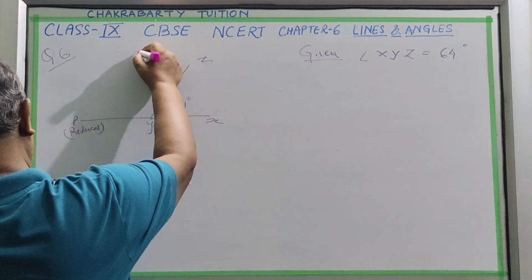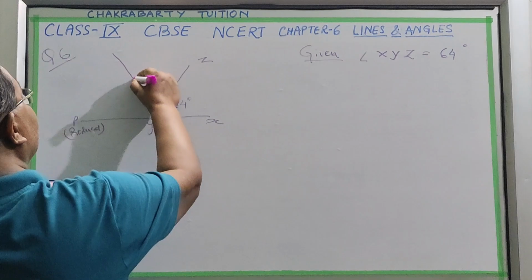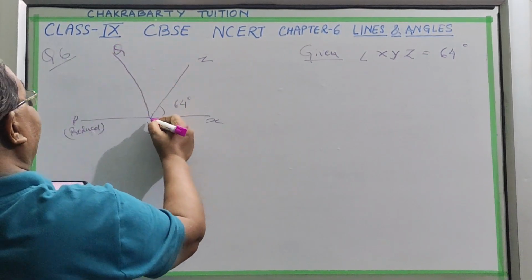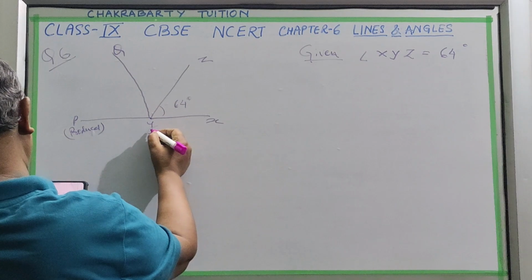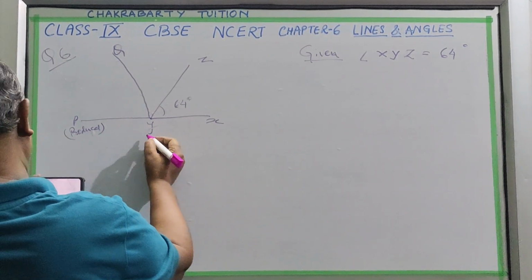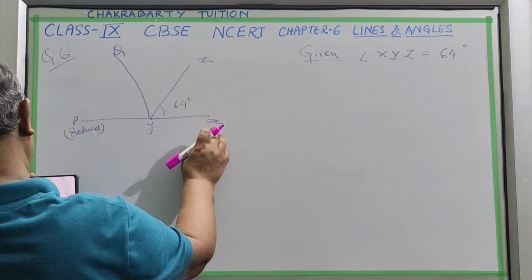One is ray YQ. Y and Q, this is one ray YQ, a ray. It is bisecting angle ZYP.